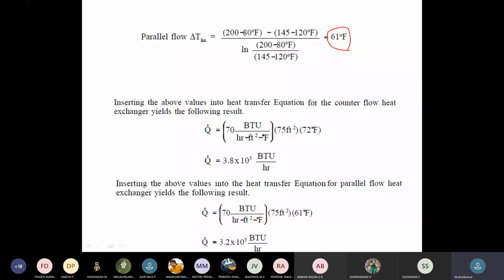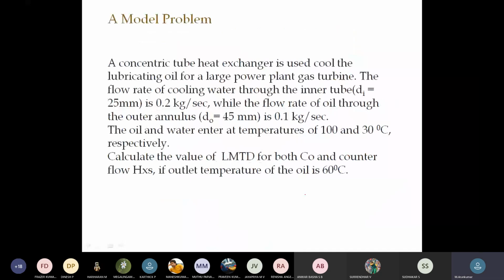So there is another problem. They gave some data. The diameter d of the inner tube through which the cooling water flows is given. Then the mass flow rate is given.